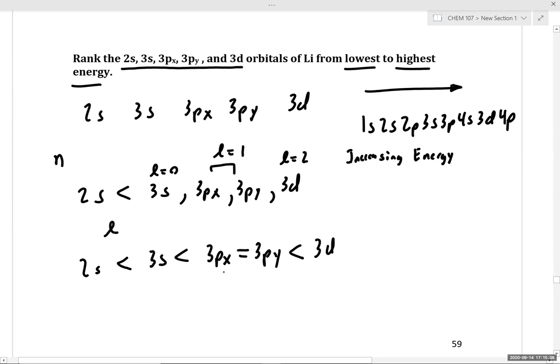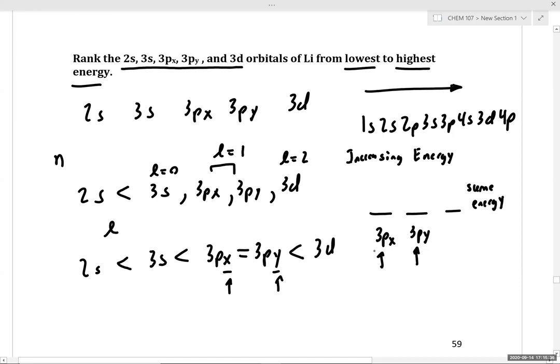Note, the 3px and 3py, don't worry about these x and y terms. If we think about what the 3px and 3py are representing, we're just trying to describe two different 3p orbitals. But fundamentally, are these orbitals still both 3p orbitals? Do these orbitals have the same energy?